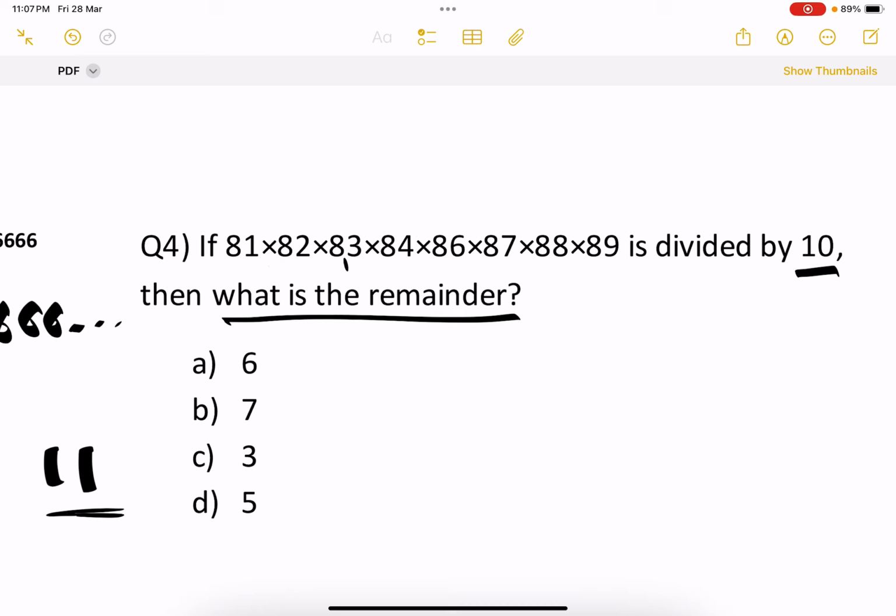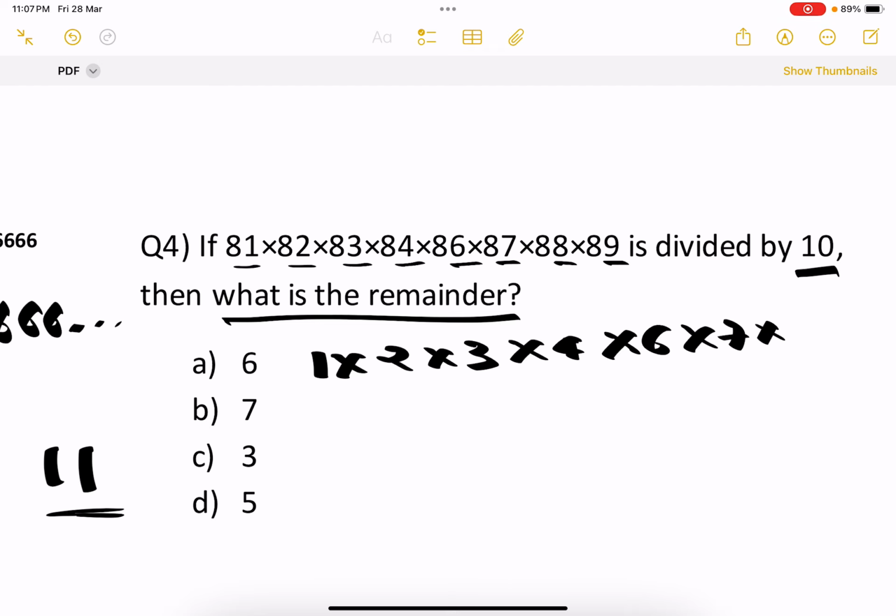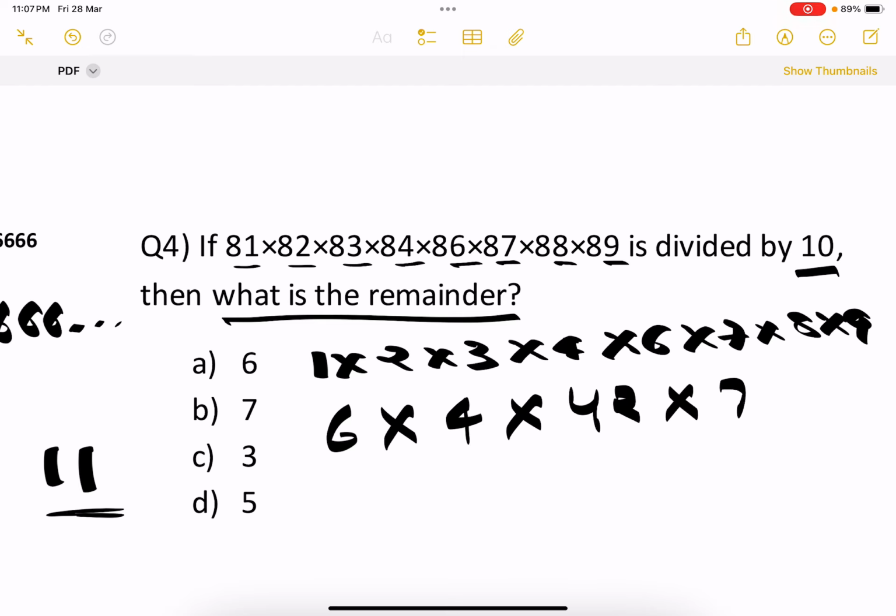So this is in multiplication, so we need not consider the complete number, we are just concerned with these unit digits. So we'll multiply these digits only: 1 into 2 into 3 into 4 into 6 into 7 into 8 into 9. Now we are getting 6, 4, 6, 42 and 72.